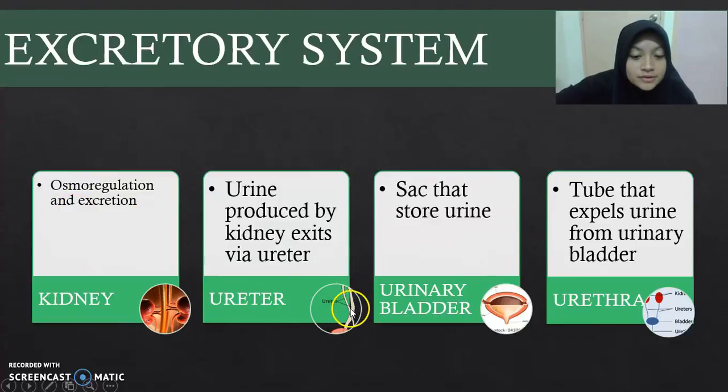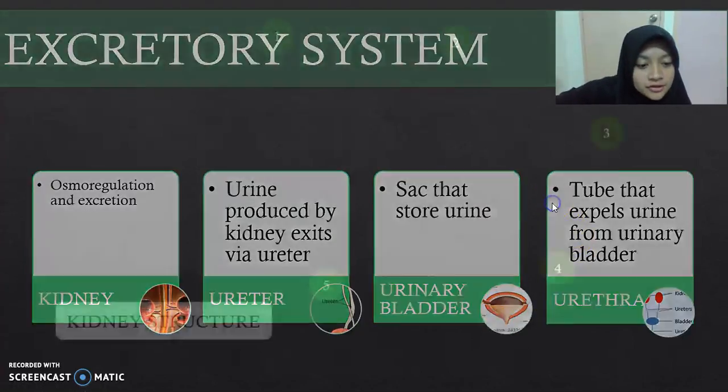The ureter is the tube that channels the urine produced by the kidney to exit from the kidney to the urinary bladder. The urinary bladder, as we can see here, is a sac shape that will store the urine. And lastly, the urethra is attached to the urinary bladder and will expel the urine from the urinary bladder.